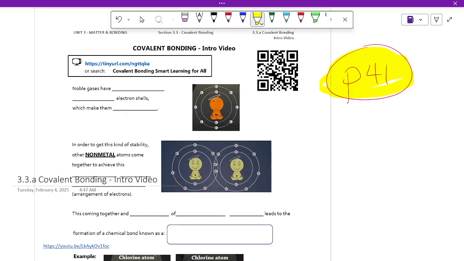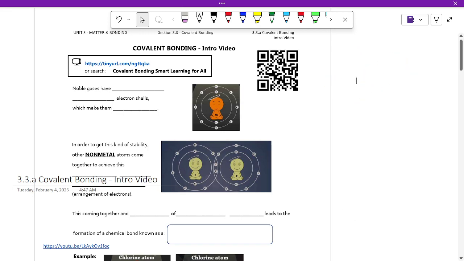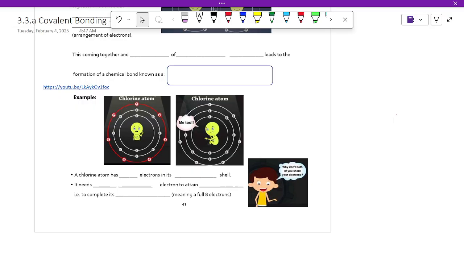Okay, friends, we're going to be on page 41. 41. Okay. Phew.